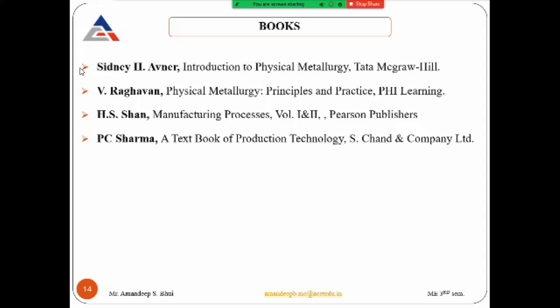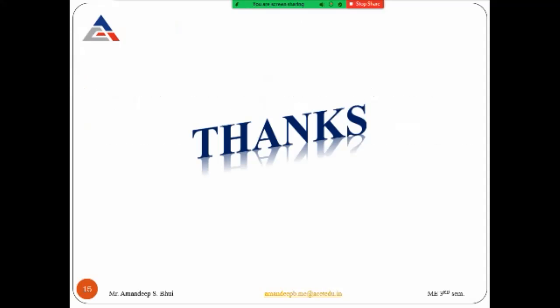Okay, so go for PC Sharma. So you can go for Avner or Raghavan, either one of the upper two, and second I would prefer you go for PC Sharma. Okay, so these are the books that I would prefer you should buy for this course. These books will cover the syllabus for both your third and fourth semester for EMMM 1 and EMMM 2.